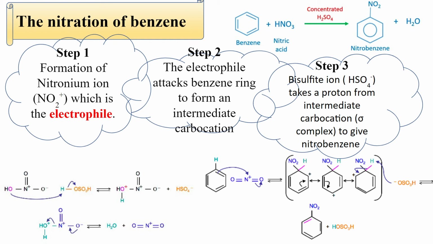The second stage starts with the electrophile attacking the benzene ring to form an intermediate carbocation. In step 3, the bisulfate ion HSO4- takes a proton from the intermediate carbocation sigma complex to give nitrobenzene.